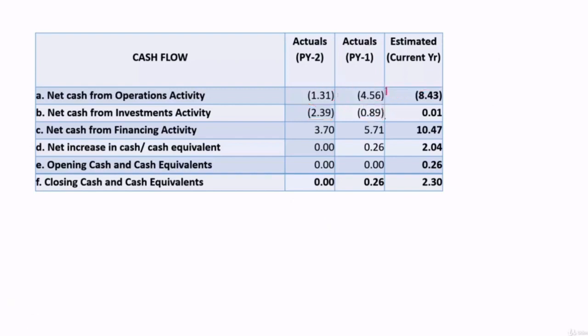Then, so they have negative cash flows in these two areas, and how they got funds for all this? They got funds through financing activity. It means they have mobilized funds. So this 5.71 crore should be studied. How much had come from equity? How much had come from debt? So what is the proportion?